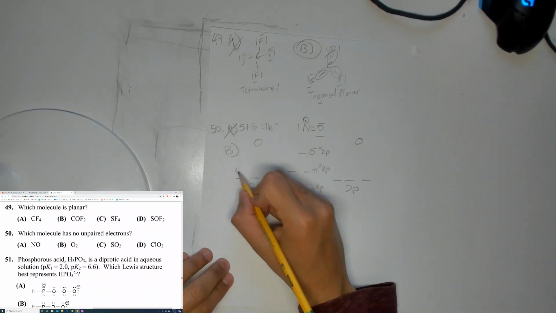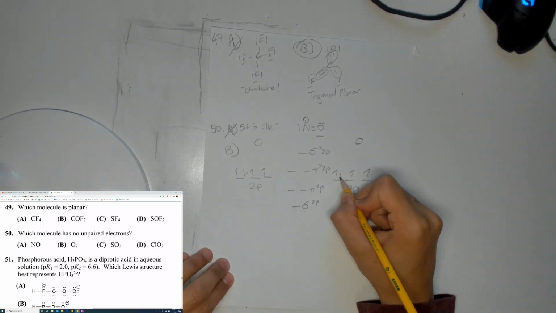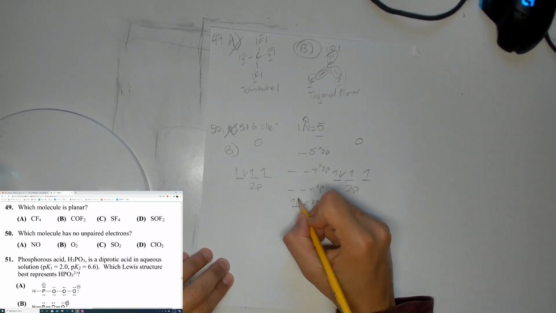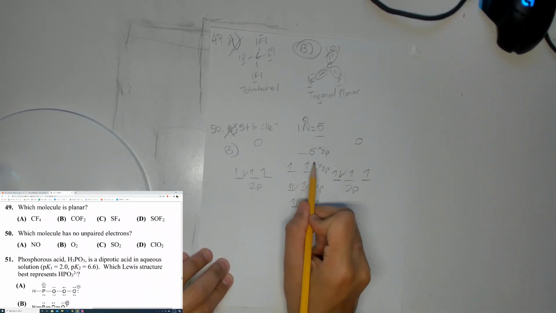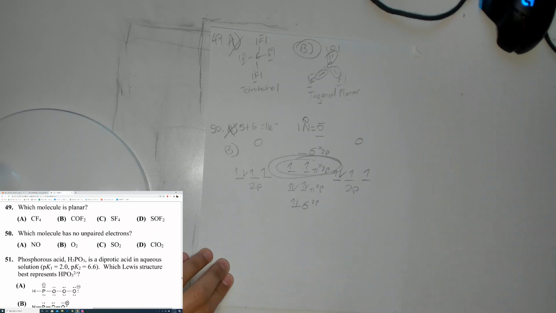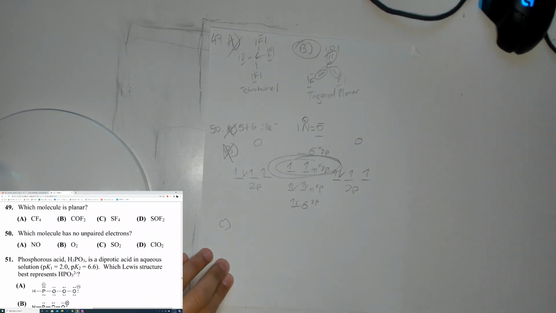Each oxygen atom has 4 2p electrons, and from there you just fill it up. Over here you see there are 2 unpaired electrons in the anti-bonding 2p orbital, so you can cross out B.